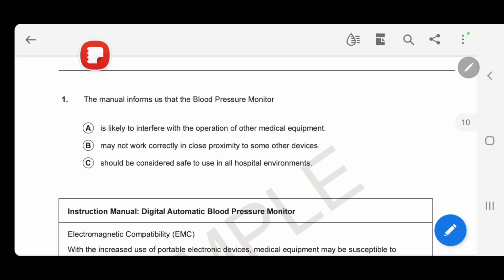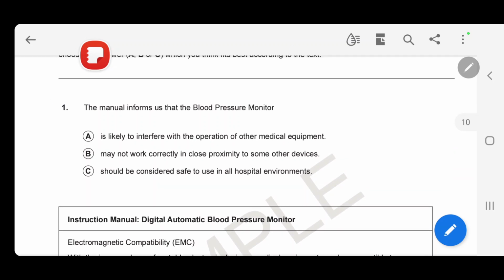If you can see, this is part B. The first question is over here. The manual informs us that the blood pressure monitor is likely to interfere with the operation of medical equipment, may not work correctly in close proximity, and should be considered safe.